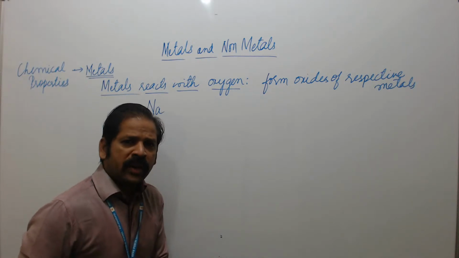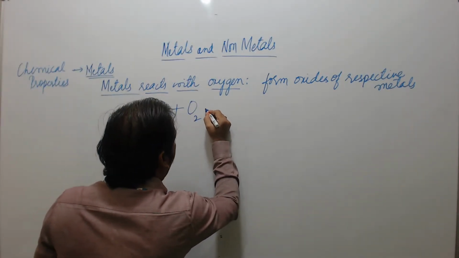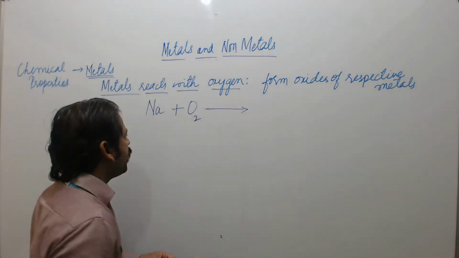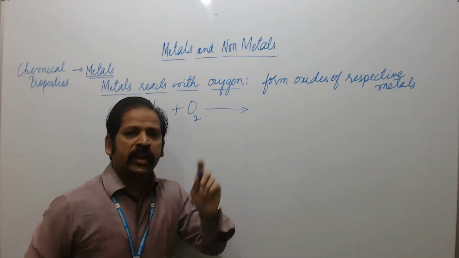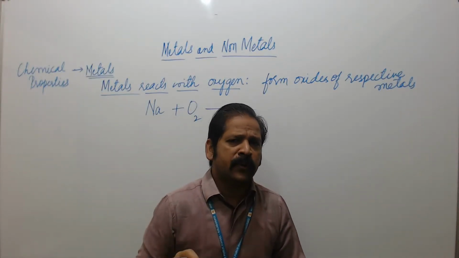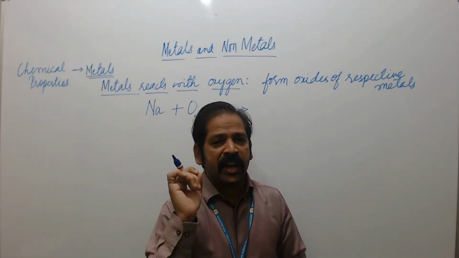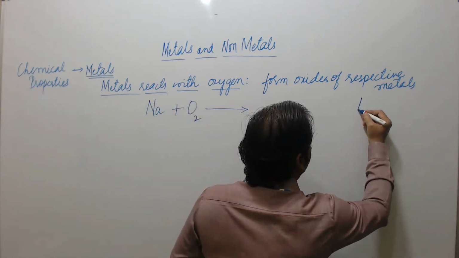Sodium, when sodium reacts with oxygen, sodium forms sodium oxide. What is the formula of sodium oxide? The formula of sodium oxide is Na2O, because of the valency. I'll show the valency here.